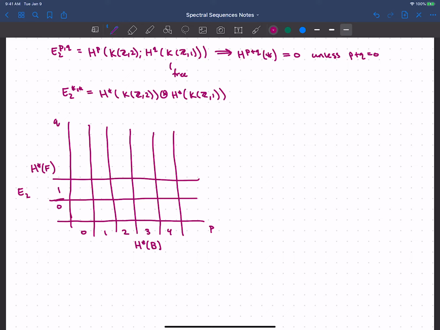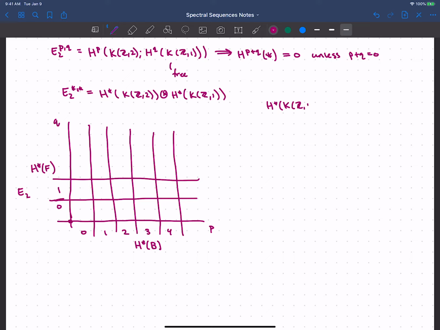Graph paper really helps with these computations, by the way. So here's where the p-axis meets the q-axis. Okay, and what I'm supposed to put here is the cohomology of the base with coefficients in the cohomology of the fiber. Okay, maybe I should write that off to the side.